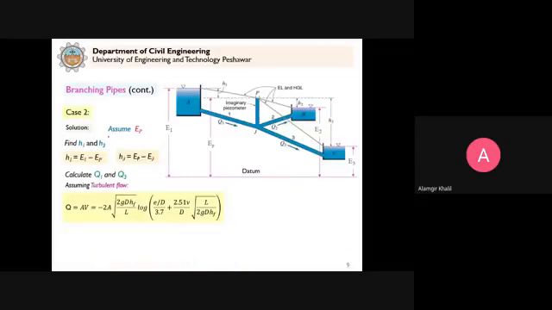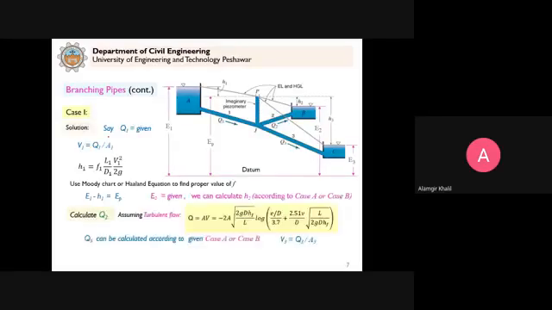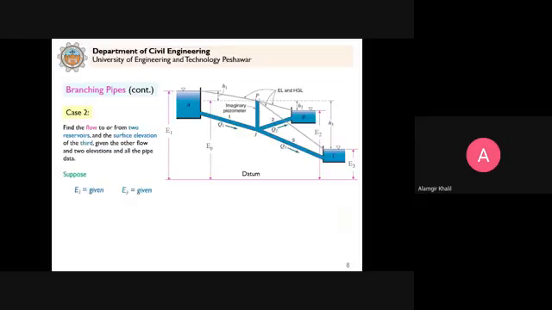We saw that in case 2, the surface elevation for the two reservoirs is given, and discharge for the third will be given. This is case 2. Clear? And it will be required to calculate the elevation of the second reservoir. Clear?